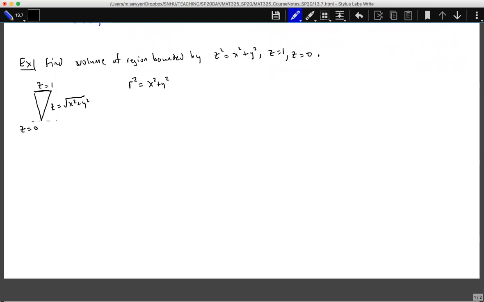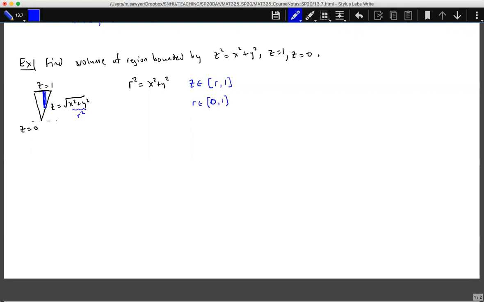So we can bound z, if we think about our rectangles going from the line z equals square root of x squared plus y squared, this piece here becomes r, so z goes from r to 1. And since z starts at 0, that means that r goes from 0 to 1.